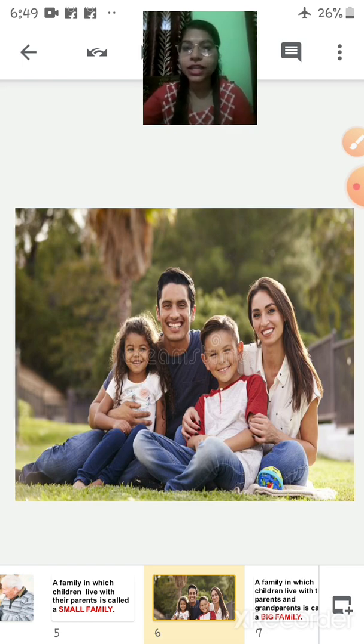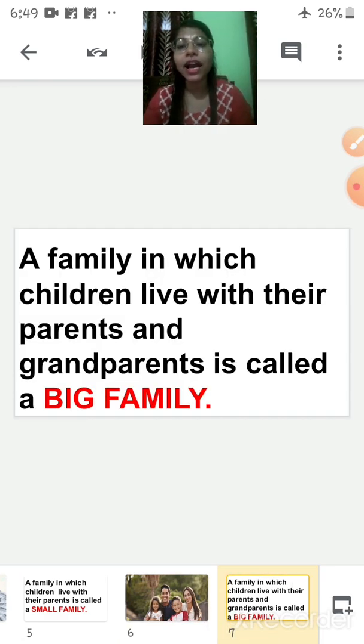And what is a big family now? A family in which children live with their parents and grandparents is called a big family. Like some of you must be living with your grandparents also.